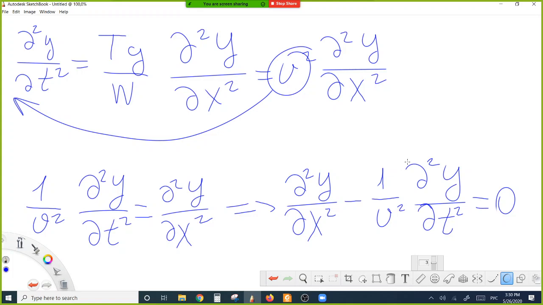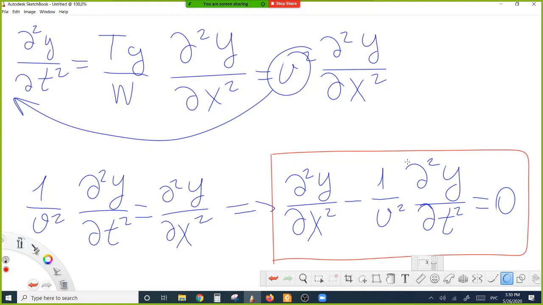So what is the solution of this equation? The solution of this equation can be obtained in a number of ways.